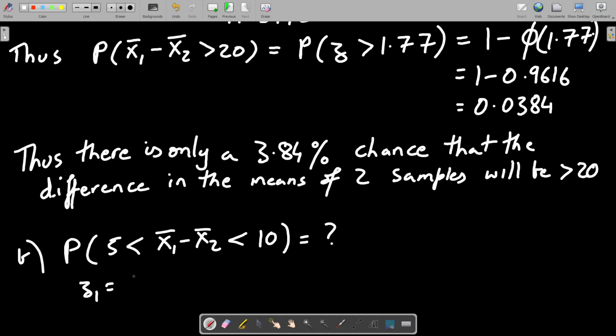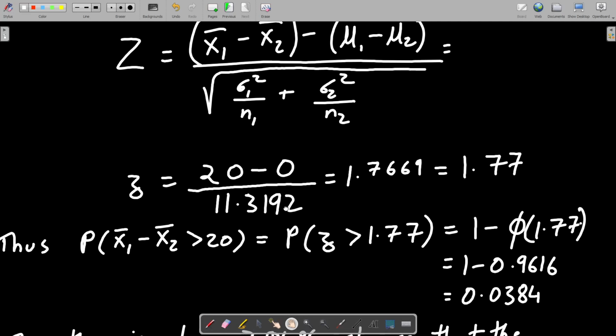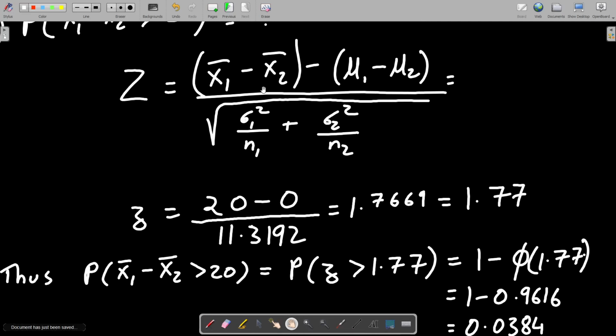Okay, so let us now measure this. Z1 is equal to 5 minus 0 upon 11 point, what is that number? I'm using this formula, by the way. I'm not writing it down again.